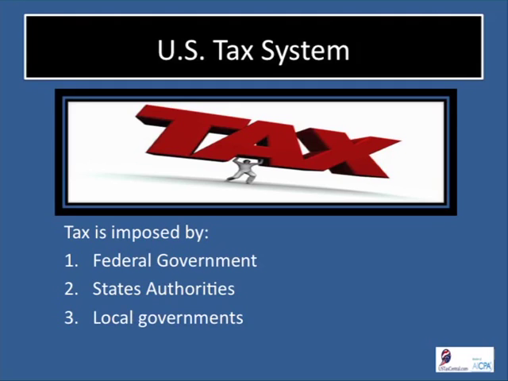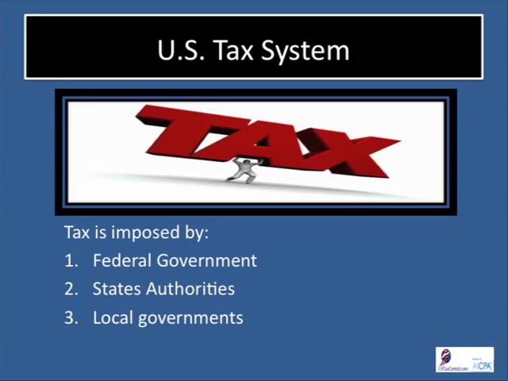Then taxes are also imposed by the states. For example, if somebody were to invest in Michigan or in Georgia or in Arizona, you're going to have Arizona levying a tax.